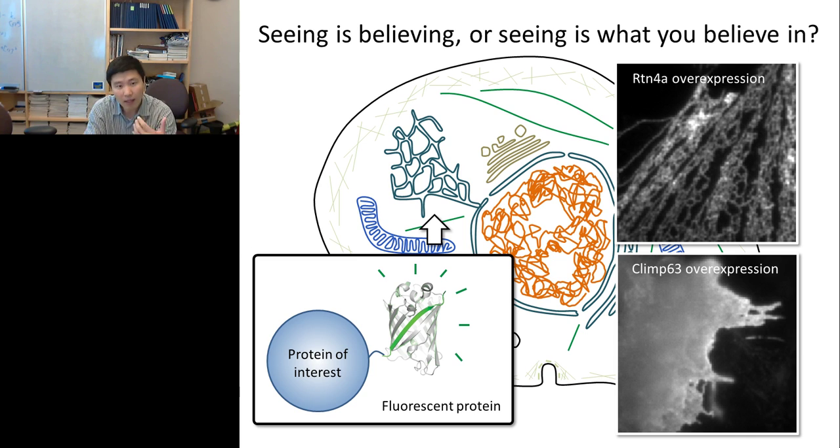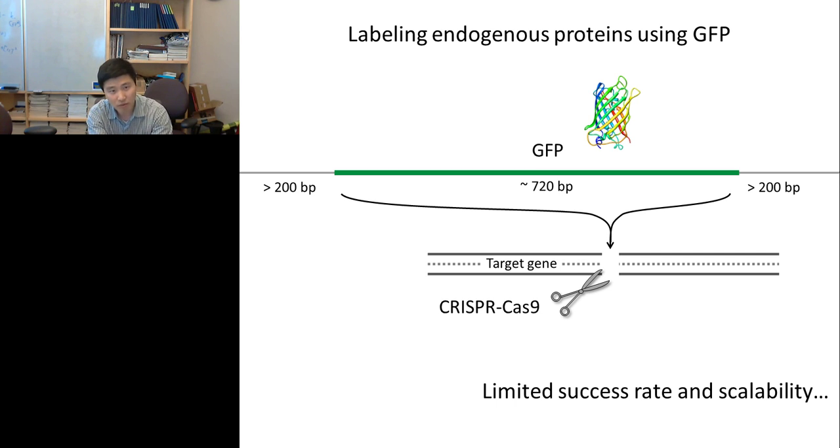Well, nowadays, with the advancement of gene editing techniques, it has been getting more and more routine to tag endogenous proteins using a green fluorescent protein, GFP. You have a GFP gene, you add the homology arms, and with the CRISPR-Cas9 system you can make a cut, a double-strand break, at the target site.